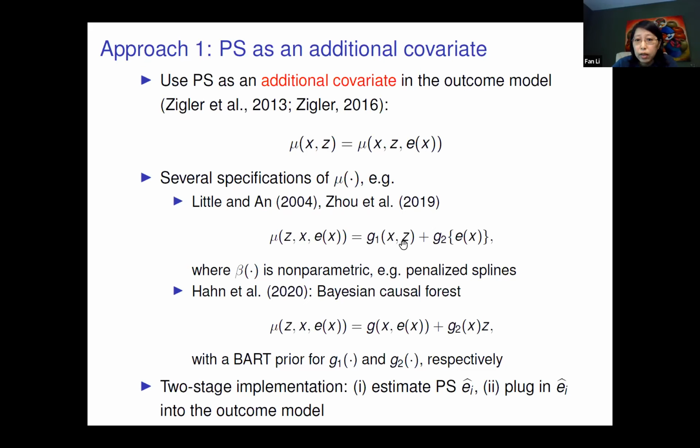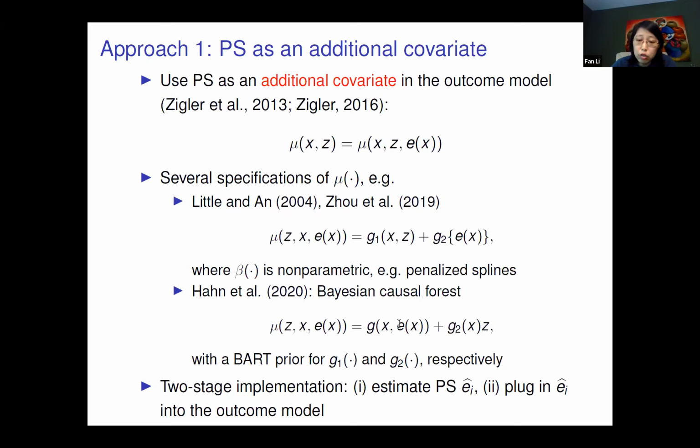Normally, some, like Little, have recommended building a model with penalized splines of the propensity score and so on. There are many different approaches, but back to the Bayesian causal forest idea by Hahn et al., remember earlier they did this reparameterization: you build a model for the baseline, and then you build a model for the heterogeneous treatment effect.